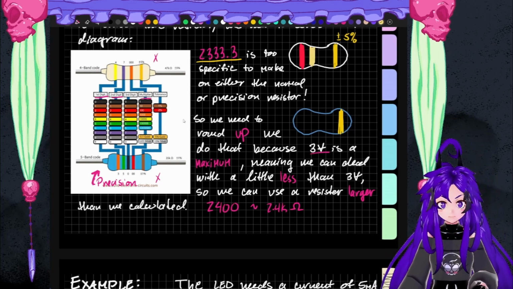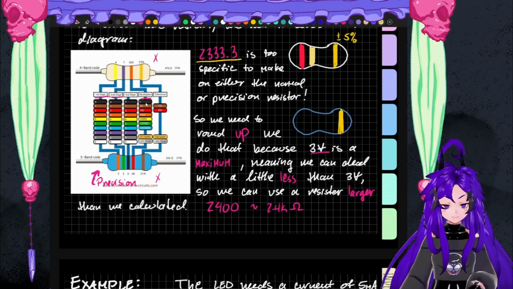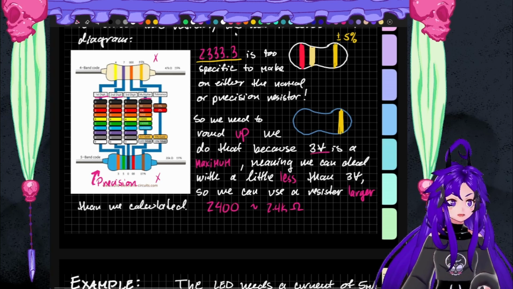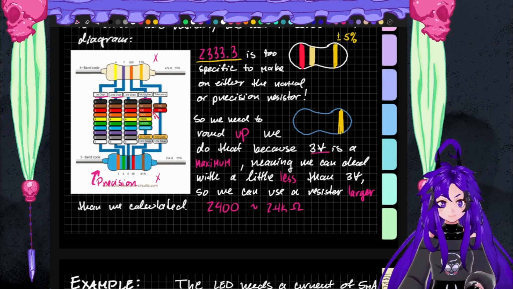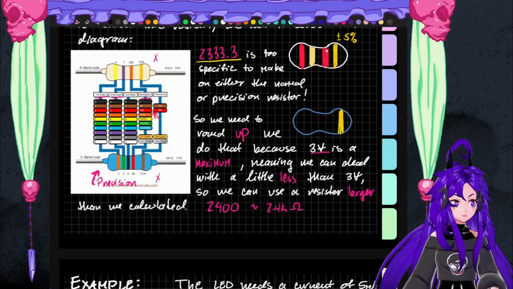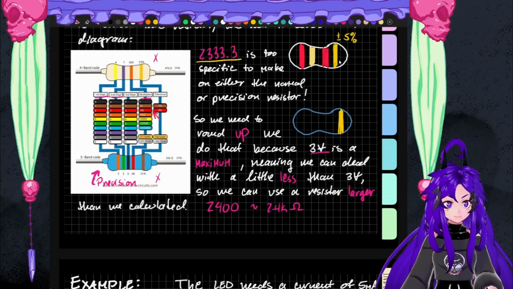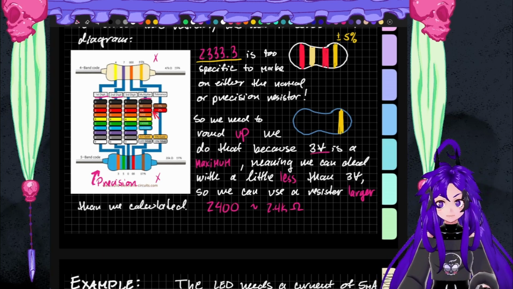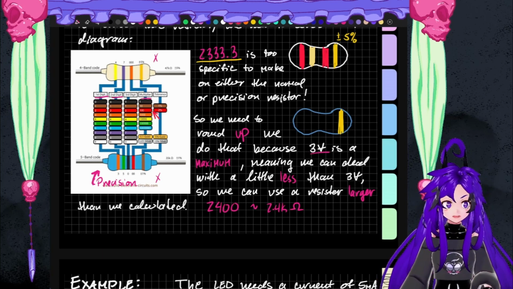Yellow. We don't have a third digit in a 4-band one. We have a multiplier. Well, 2400, we need 2 zeros, so that's going to be the 100 multiplier. So we're going to have another red band. And that's it. You'd find a red, yellow, red, gold resistor and be able to plug it into your circuit. Okay?